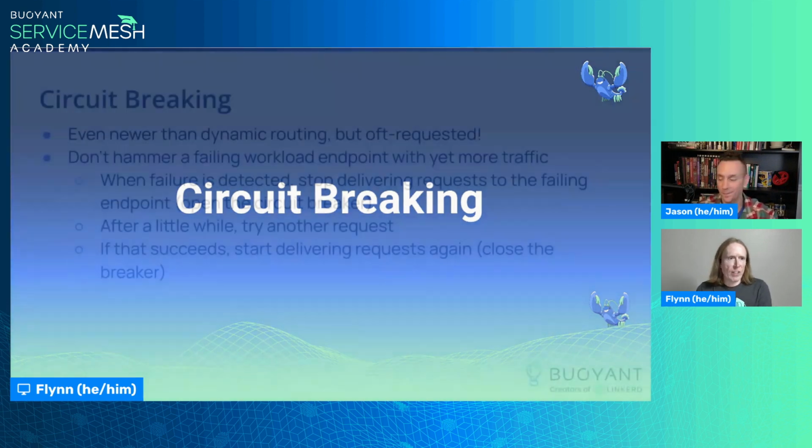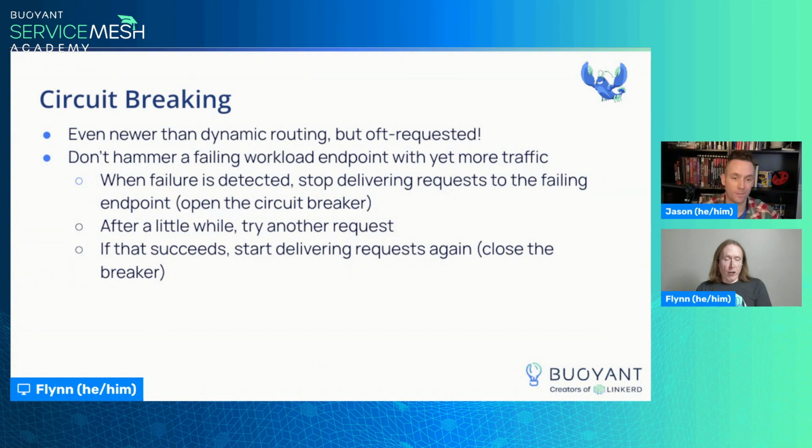Circuit breaking is a very, very new feature that has been requested for a very long time. The basic point of circuit breaking is, if you have a failing endpoint for a workload, perhaps you should not continue hammering it with more traffic.